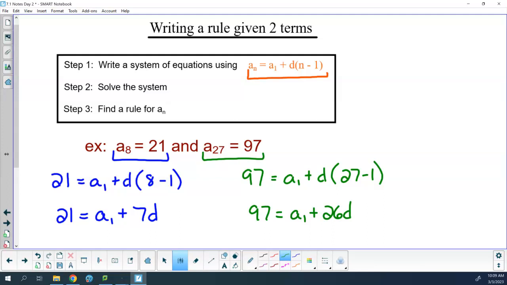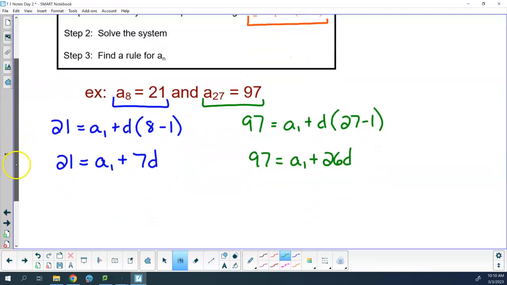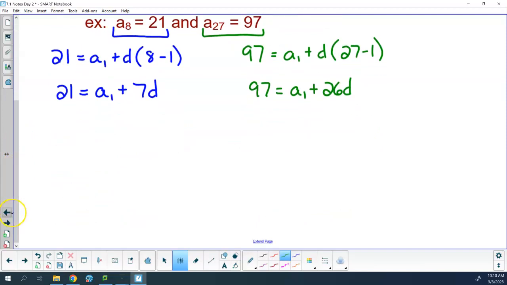I'm not going to tell you how to solve the system. That's for you to decide. You've got four choices: substitution, graphing, elimination, and matrices. Your choice. But I will tell you that elimination is set up for you, because my red and my blue equations both have an a sub 1 in them.